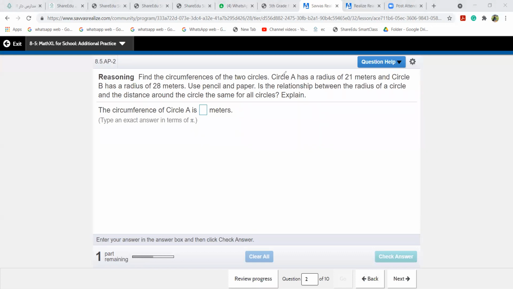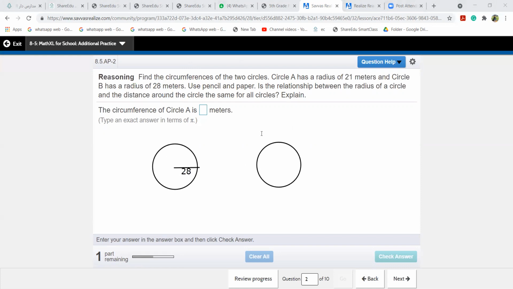Find the circumference of two circles. Circle A has radius 21 meters. Okay, there are two circles. See very carefully. This is circle A where the radius is 28, radius, not the diameter.